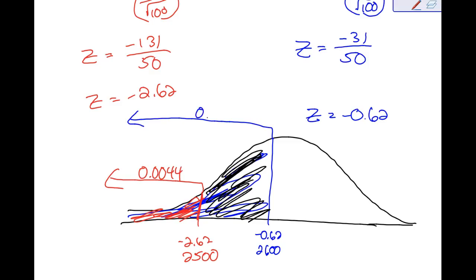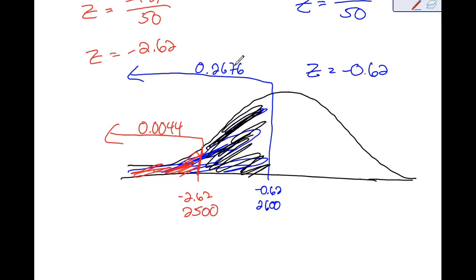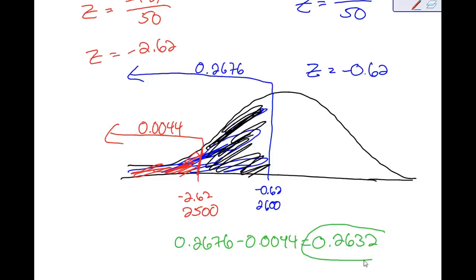So I'm going to subtract those: 0.2676 minus 0.0044, and I'll get 0.2632.